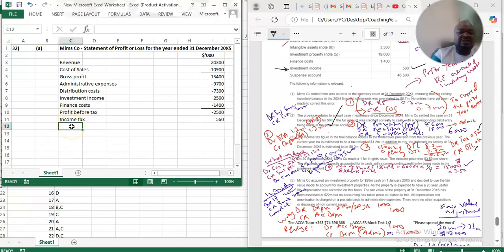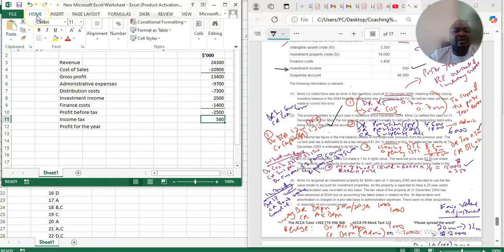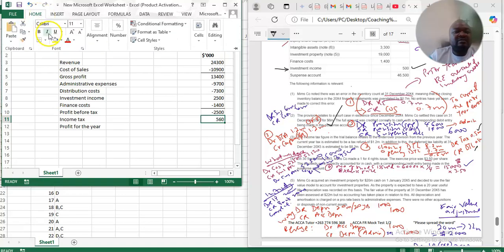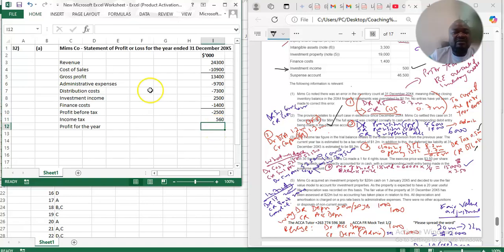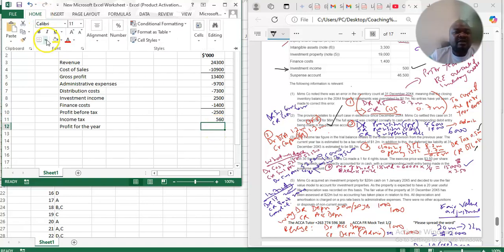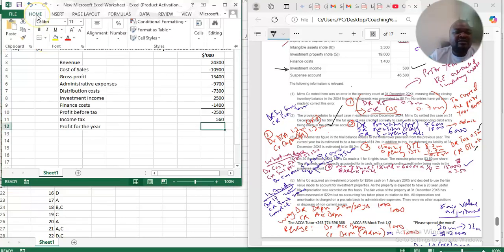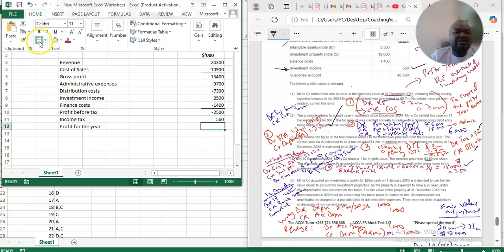So, what is the profit for the year? The profit for the year. Some little bit of formatting, but it's refusing to allow me to do all the formattings.